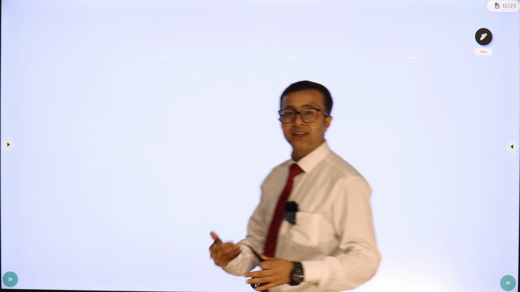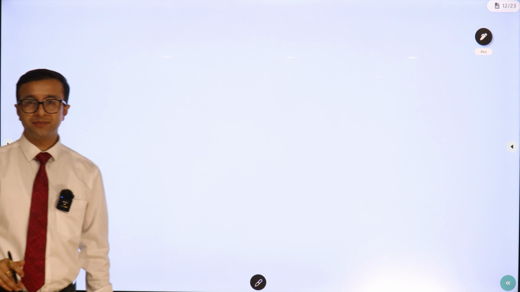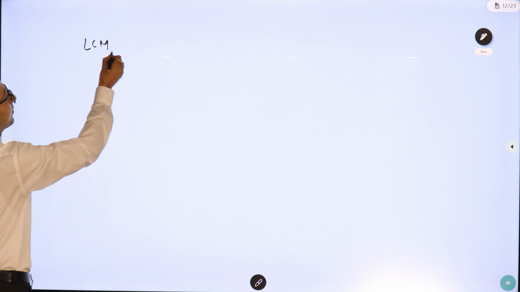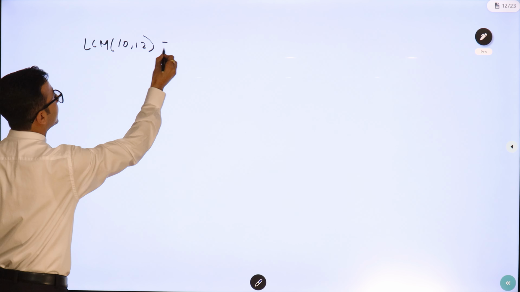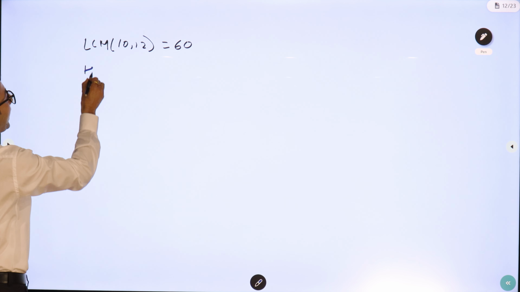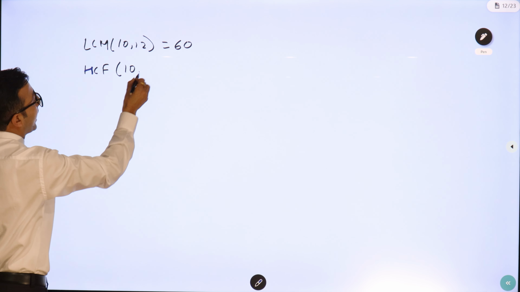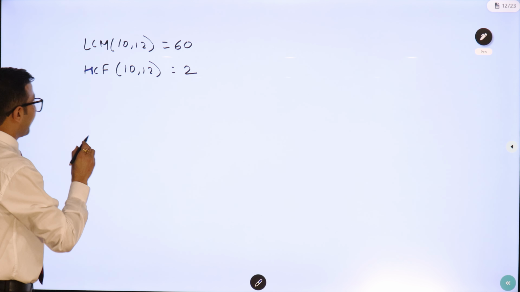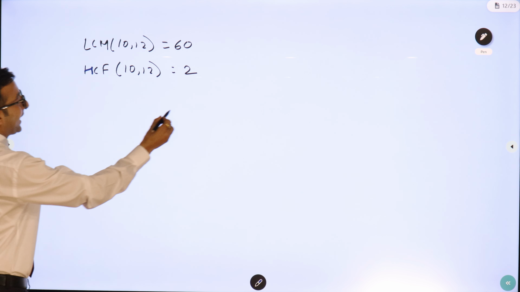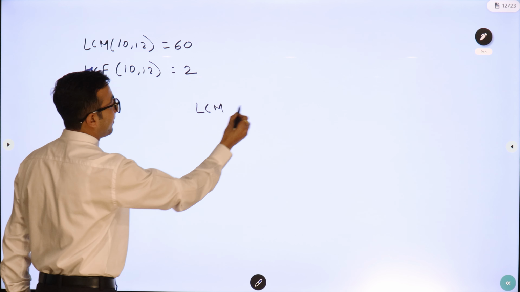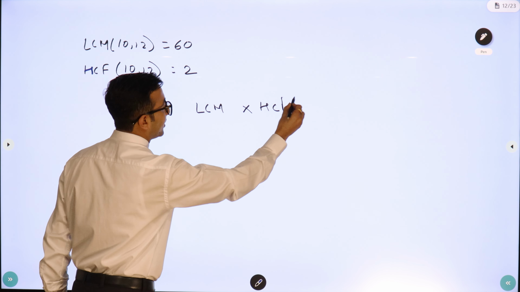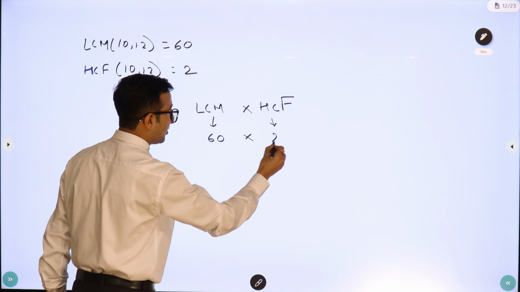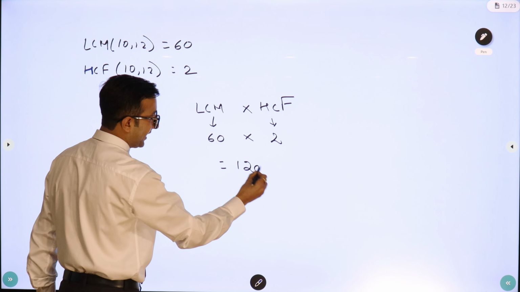Now, do you know what is the relationship between LCM and HCF? Simple. First case, LCM of 10 and 12 was 60. HCF of 10 and 12 is 2. So look at here. You just multiply LCM and HCF. So LCM is 60 into HCF is 2. 60 into 2 is 120.